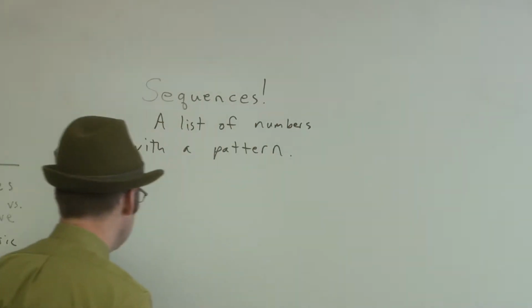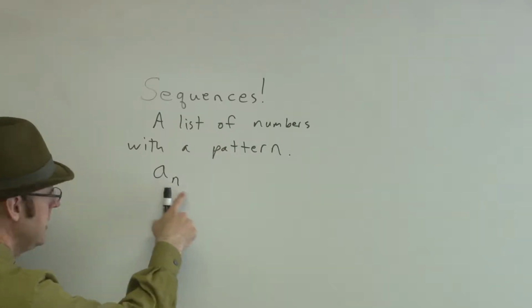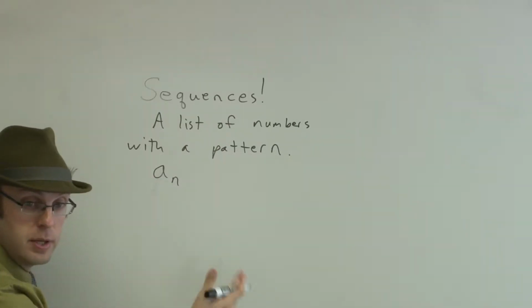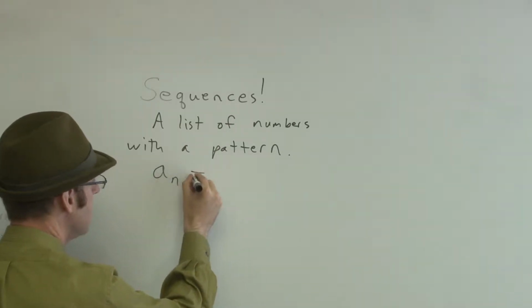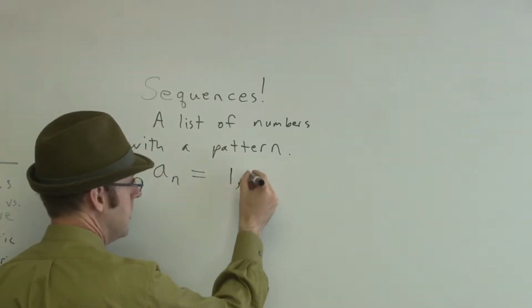So, for instance, we usually say little a sub n as a way of denoting a sequence.